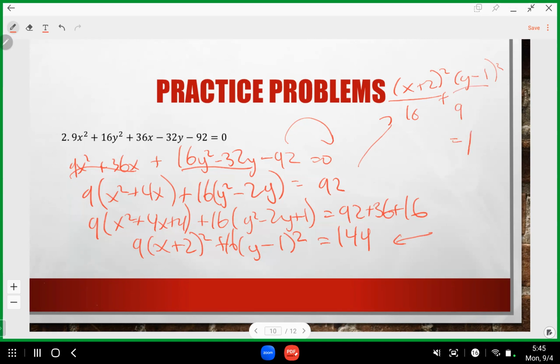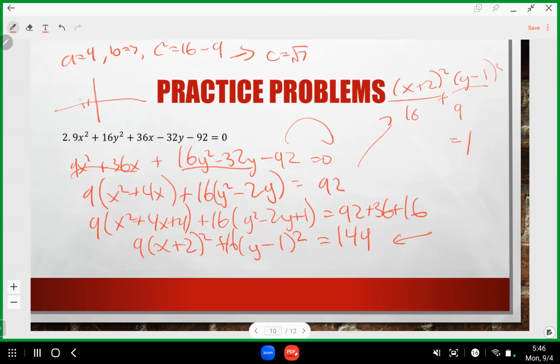So obviously, a is equal to 4, b is equal to 3, c is going to be equal to the square root of 16 minus 9, right? So c is equal to square root of 7. So what we have here is we have -2 here, and 1 here, where we have our center.